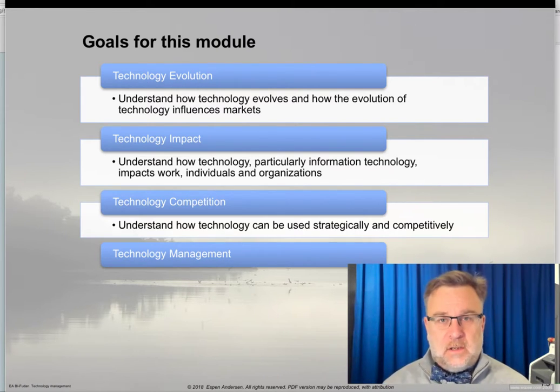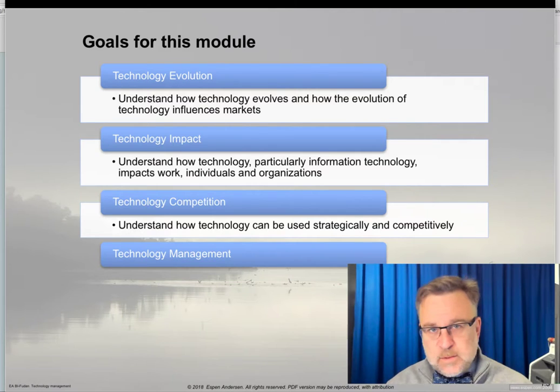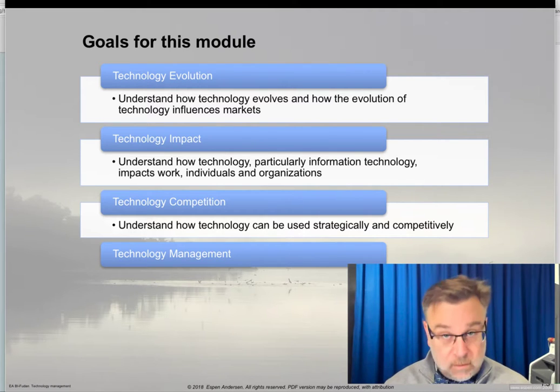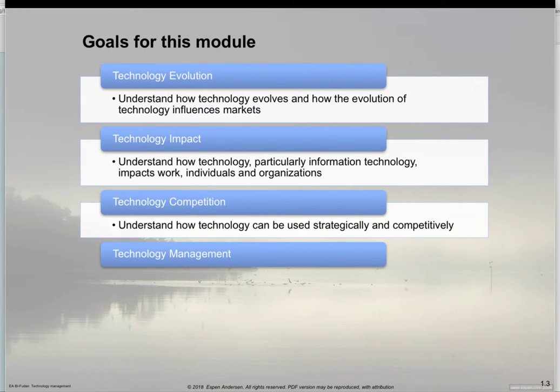Technology competition, it's not just buying more technology and trying to use it, it's using it wisely and in a way that enhances your competitive situation. And if you're in a technology business, how do you respond to what your competitors are doing technologically?